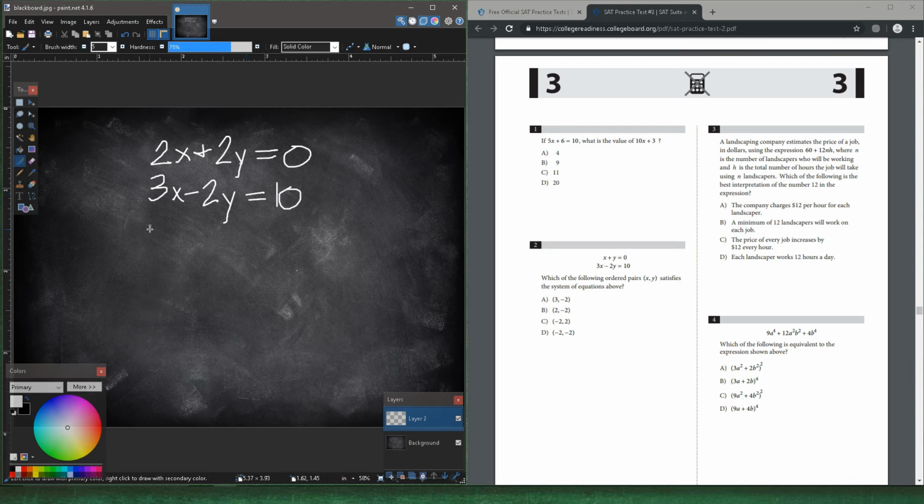Now you add these two equations together. 3x plus 2x is 5x. Negative 2y plus 2y is 0, and 10 plus 0 is 10. So x is equal to 2.